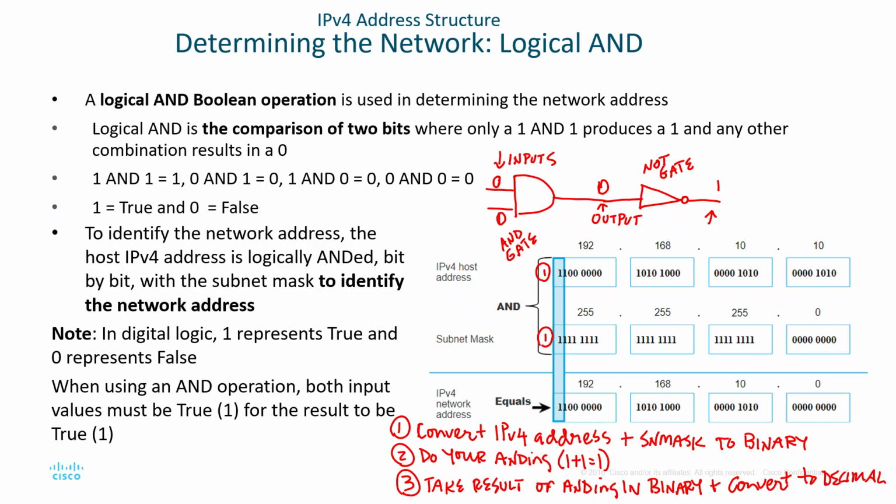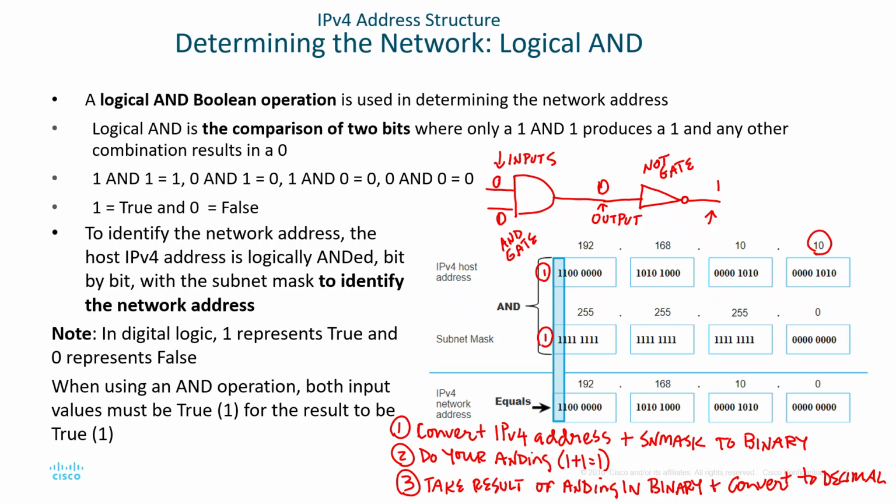So what this whole process tells you is, when we're looking at this, the device in question is .10. My associated subnet mask is the default, in this example, of a class C. I translate it to binary, which is my first step.